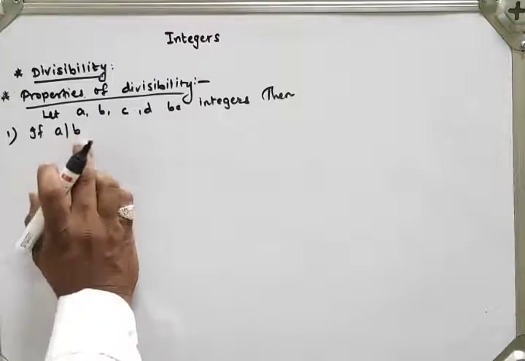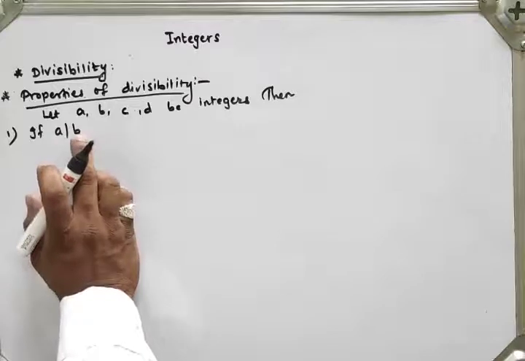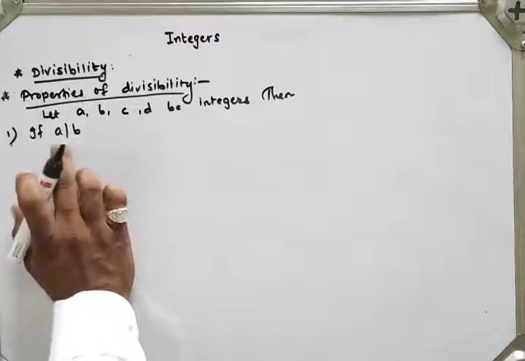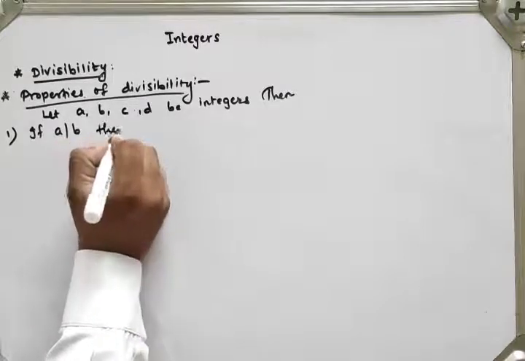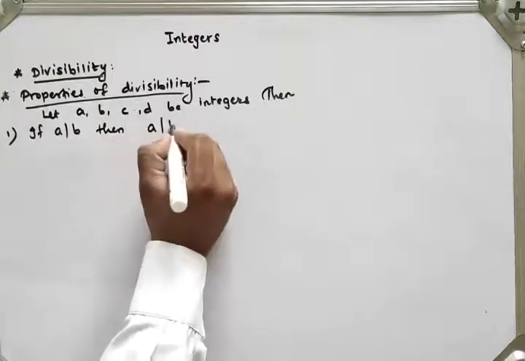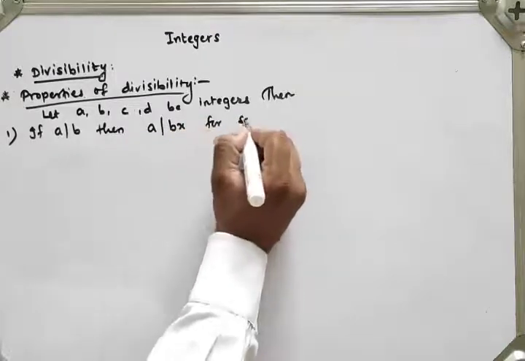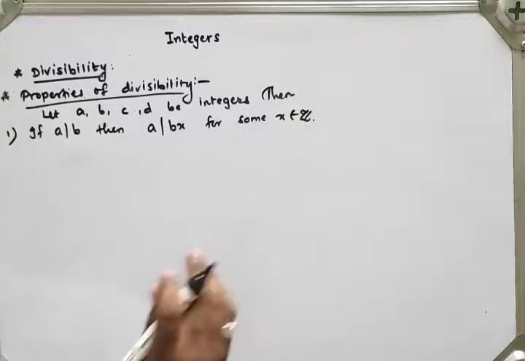A is a factor of b, or b is a multiple of a, or b is divisible by a, right? So this can be written as: a divides b, then b equals a times x for some x belonging to the set of integers.